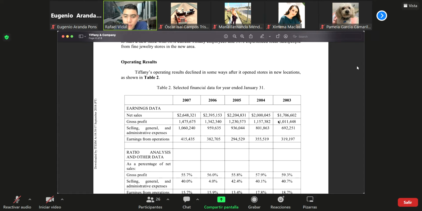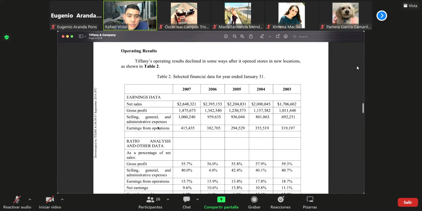It's going up, but that's normal, because if you increase the revenues, this is going to increase as well. Selling, general, and administrative expenses, this is OPEX, operational expenses. They are increasing, they are expanding, so that's kind of normal too.